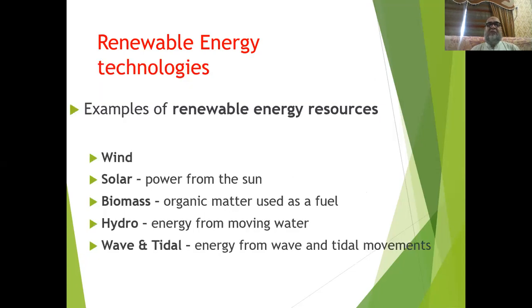What are the sources? Wind, solar, power from the sun, biomass, organic matter used as fuel, hydro, energy from moving water, wave and tidal systems, energy from the wave and tidal movements.